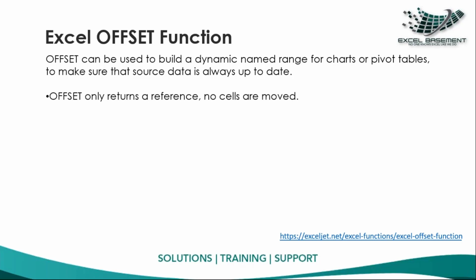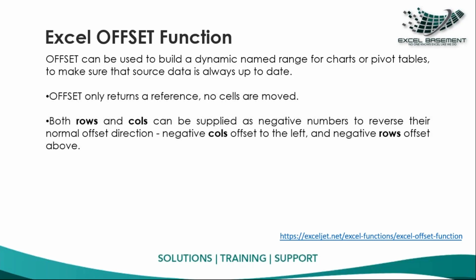Offset only returns a reference, cells will not be moved. Both rows and columns can be supplied as negative numbers. If you want to move in reverse, you can use negative numbers in this function, which we can't do in INDEX MATCH and VLOOKUP to move upward, downward, left and right.